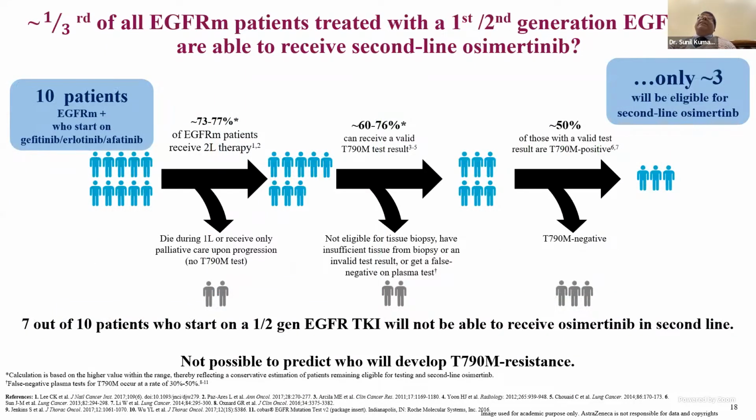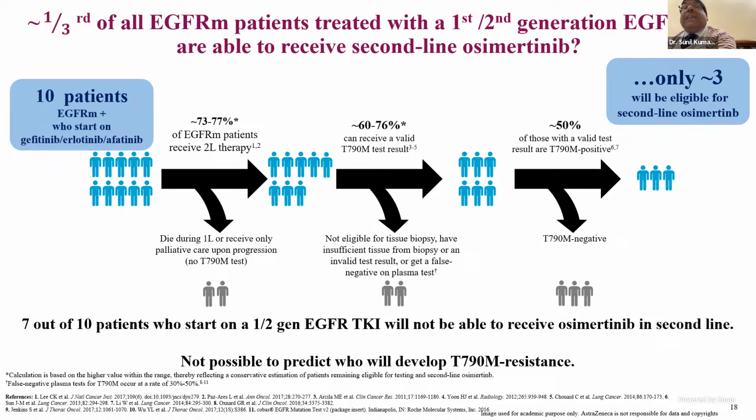So I'm giving a clinical example to you. 1/3 of all EGFR patients treated with first generation or second generation TKI are able to receive second line osimertinib is a question. And this question is basically a selection criterion of your drug. Suppose you are treating 10 patients in the beginning, and these patients are EGFR mutated who started on first generation and second generation TKI.